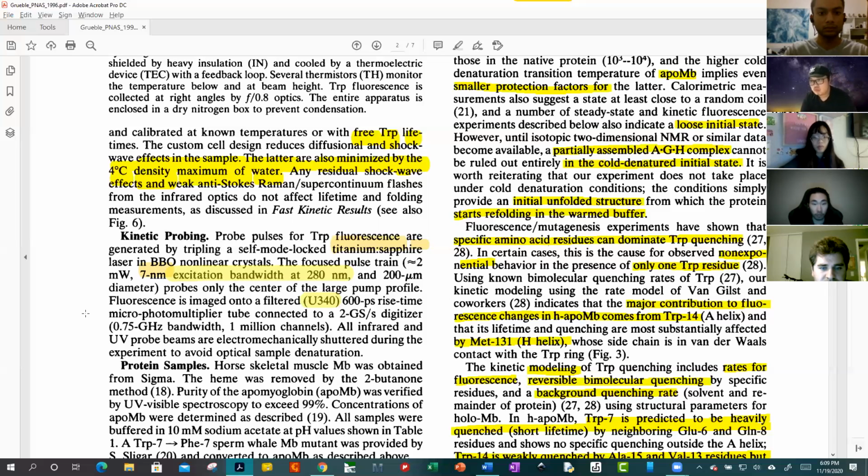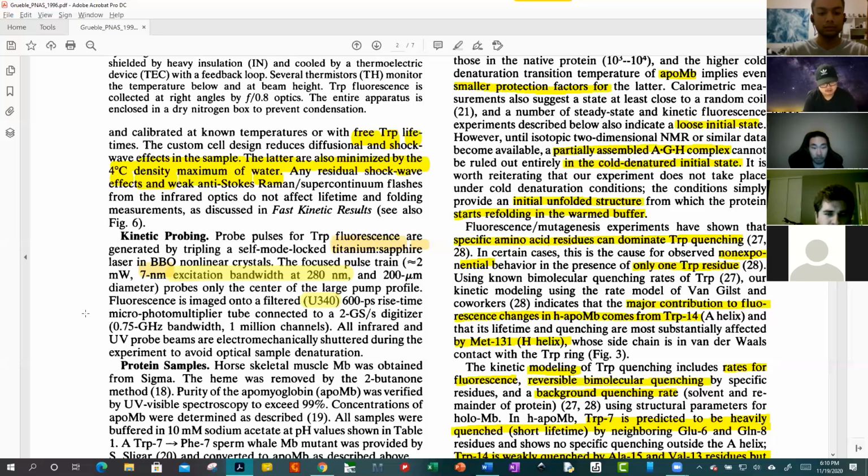So if you're the sample, then you get boom, boom. You get these two heating pulses separated by a few nanoseconds, right? They don't mention the pulse time on the Ti sapphire here, but I'm sure it's sub-nanosecond.